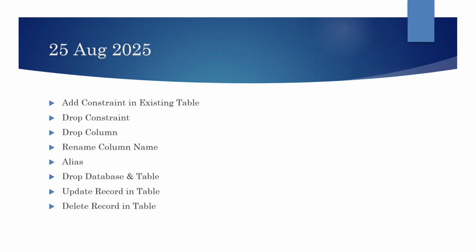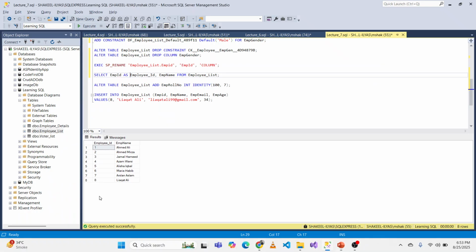So what I think is the next thing: drop database and table. How to drop database and table, update record in table and delete record in table. If we want to drop a database and drop a table, the simple command is drop database and database name, and drop table and table name. When we create a table we also mention attributes, but when we drop a table we don't need to mention attributes. When we create a database, we only use the command create database and the database name.